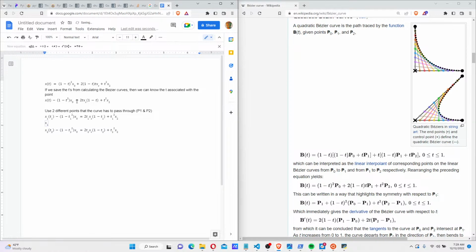So x1 minus... two different points. So endpoint 1, endpoint 2, x of t, so it should be endpoint 1, and this equals endpoint 2.